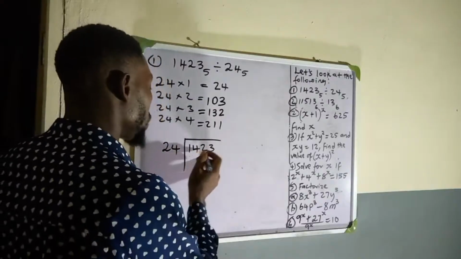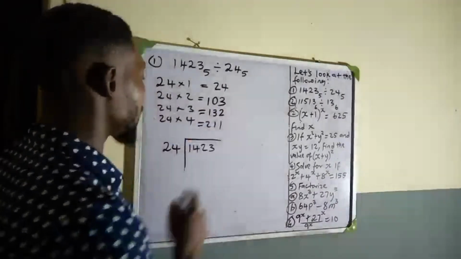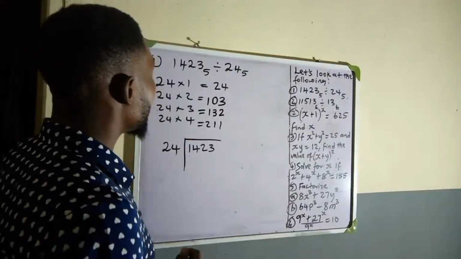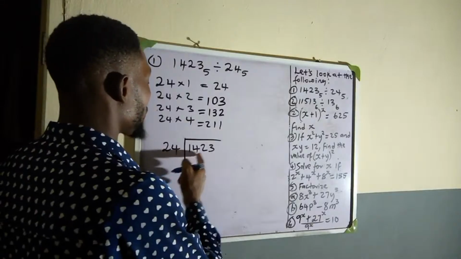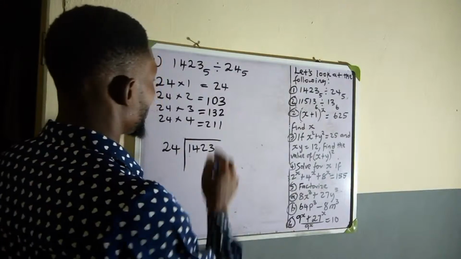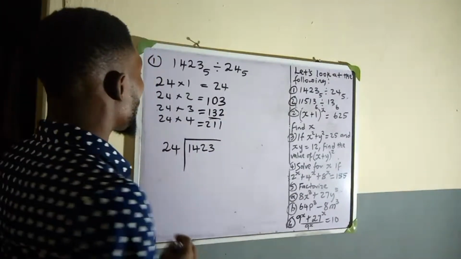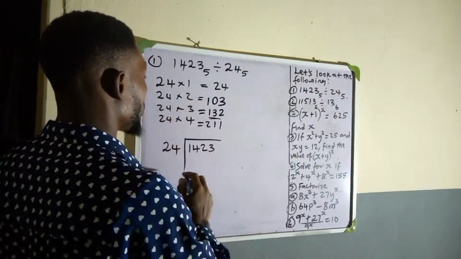If I divide 142 by 24, we go back to our multiplication table and look for a number that when multiplied by 24 will give us 142 or something close to it, but less. Here you can see 132: 24 times 3 is 132.